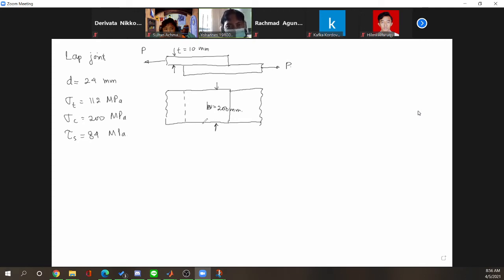Okay, so first, because we already know the diameter of the rivet, we don't need to calculate it again. So let's go directly to the total number of rivets. Okay, so the total number of rivets will be determined by the tensile strength of the plate with a single rivet. So it will be like this.